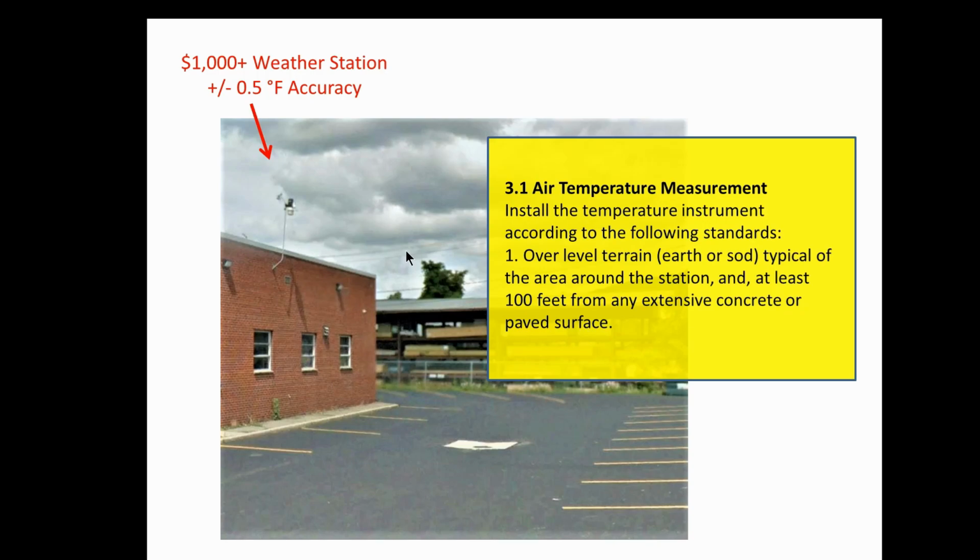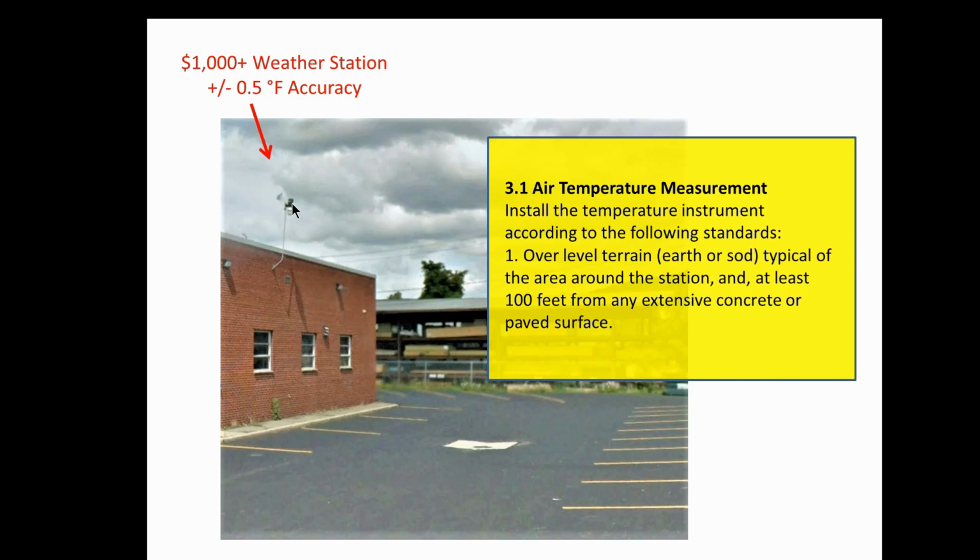I looked at this local temperature station, and they mentioned the model name of the recording device. Here's a photo of the installation. It's mounted on the side of the building on a pole, I'm guessing 15 or 20 feet off the ground.